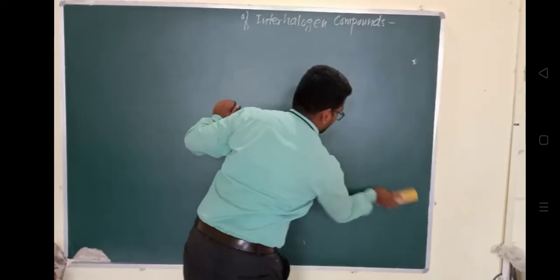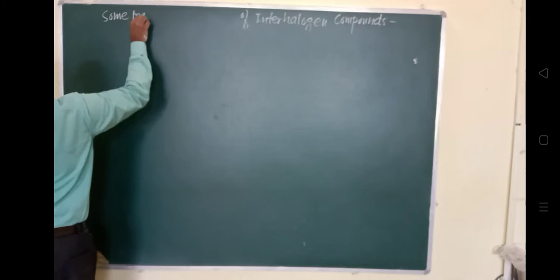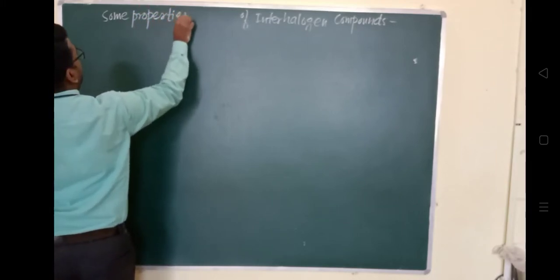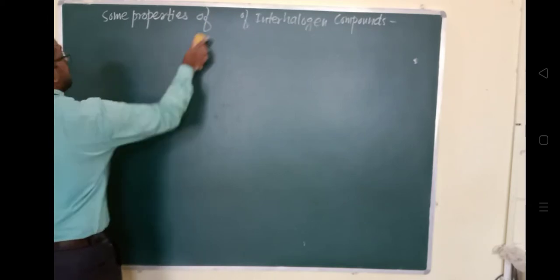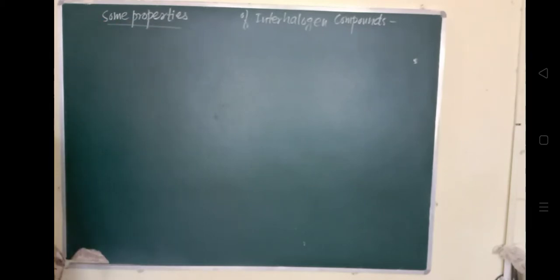Some properties of interhalogen compounds that we will discuss. Very first is the thermal stability. It may be a reaction property, or a property shown when it reacts. So the very first property is the thermal stability.